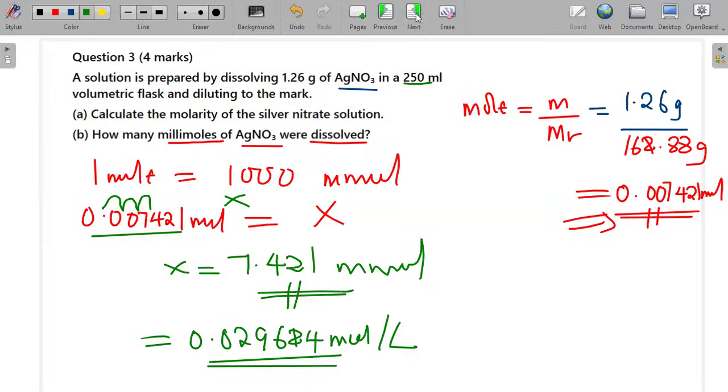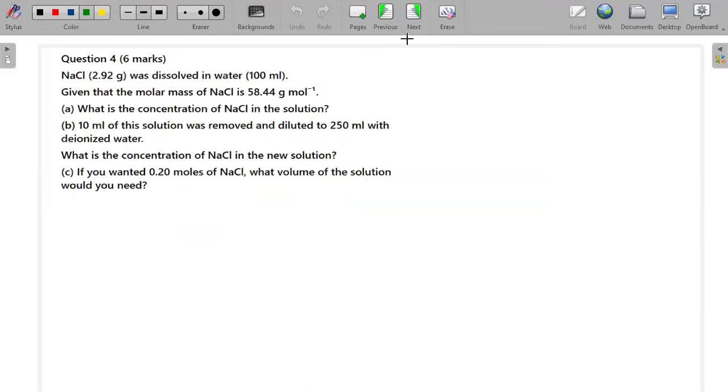Okay, so let's move to question 4. They're saying sodium chloride with a mass of 2.92 grams was dissolved in water with a volume of 100 mils. Given the molar mass of sodium chloride, what is the concentration of sodium chloride in the solution?